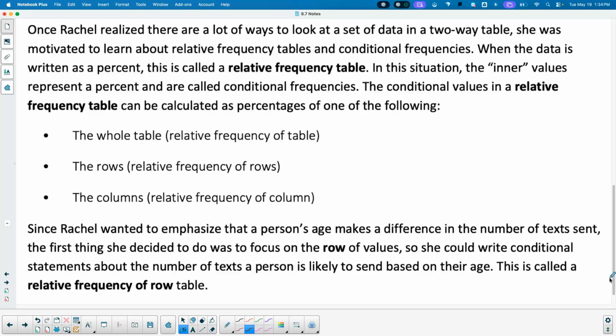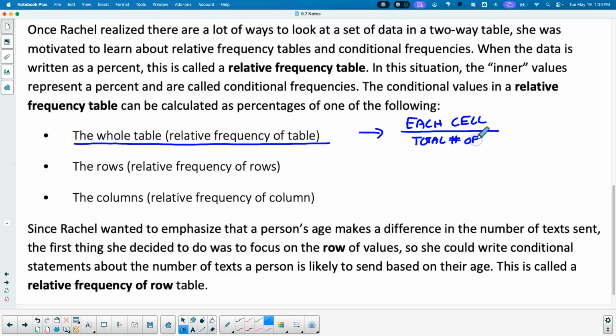Okay? So a frequency table of the whole table. Okay? So you would take each cell and you would divide it by the total number of inputs, I should say, would be a best way of saying it.